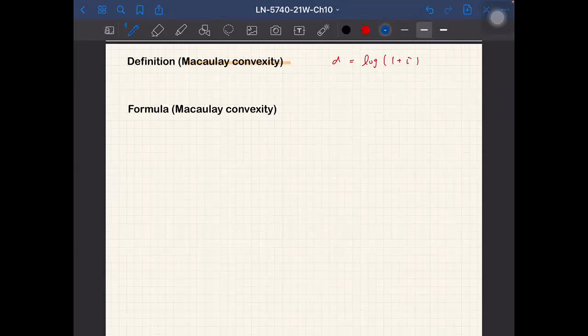So the definition of Macaulay convexity, we write as C sub Mac. This is defined by the second derivative, d squared d delta squared of P of i over P of i.